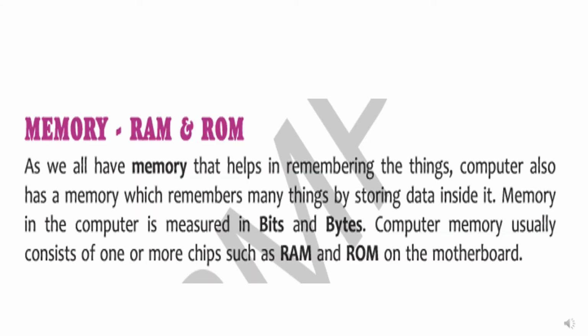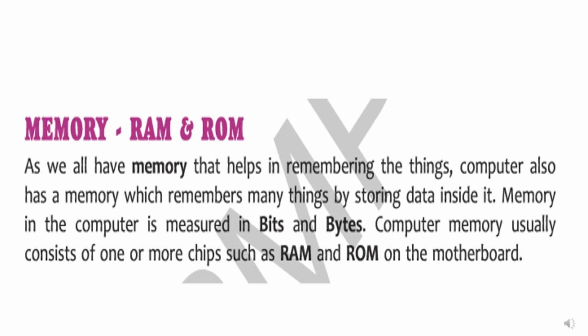Children, memory is of two types, RAM and ROM. As you say that computer can remember so many things, what does it mean? It means that computer can store so much data. That data can be stored in bits and bytes.